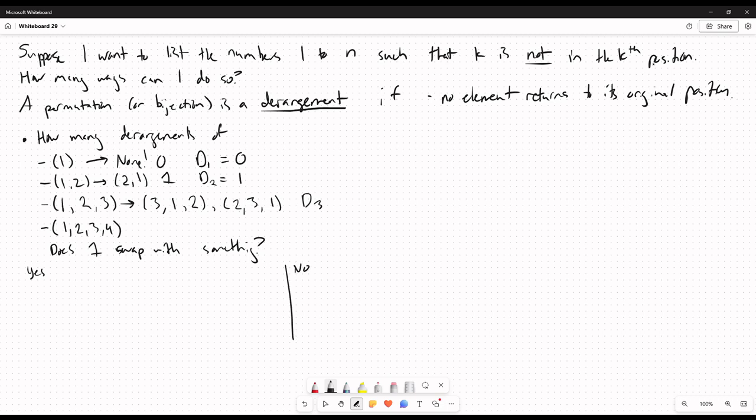So if the answer is yes, it could swap with 2. And if we do that, then the derangements that I'll have will have to start with 2, 1. And then I need a derangement of the numbers 3, 4.